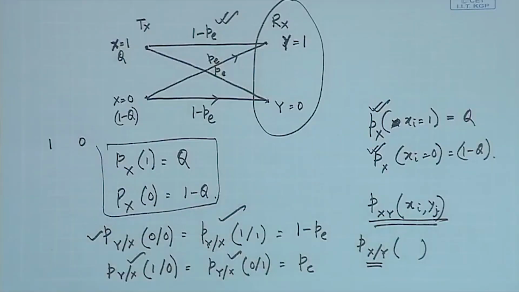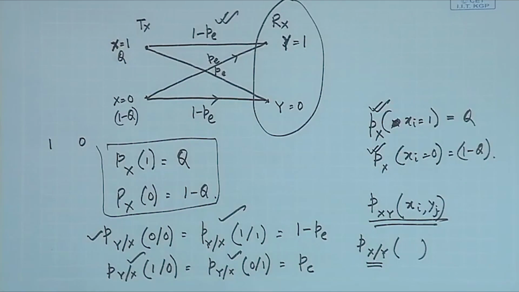Now, if I detect that as 1 or 0, I have received 1, but I have a doubt because the channel was creating errors, a doubt whether 1 was transmitted or not. I wish to know, if I have received 1, was it 1 actually transmitted, and with what probability? That should be given by this P of x given y.